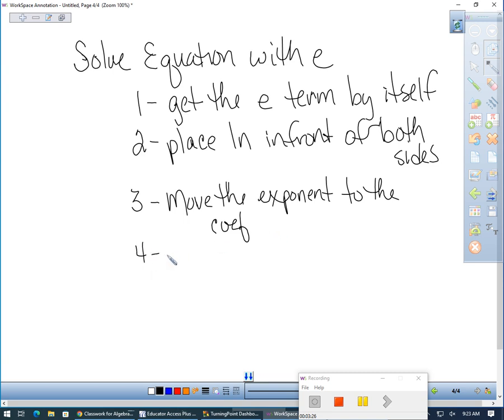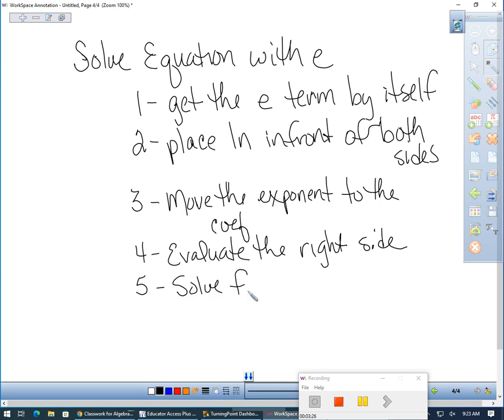Step 4, evaluate the right. And then step 5, solve for x. All right, so this is going to be what you are doing for the problems 30 through 36.